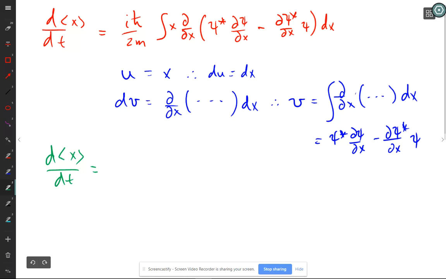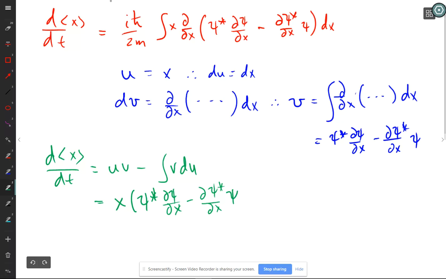It's uv minus the integral of v du. So that's going to be equal to x times psi star d psi dx minus d psi star dx psi.